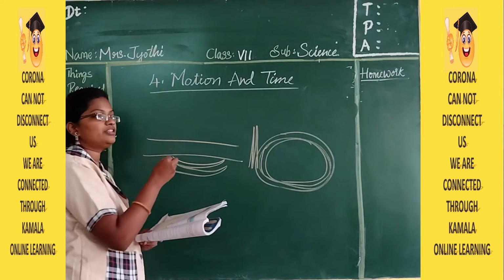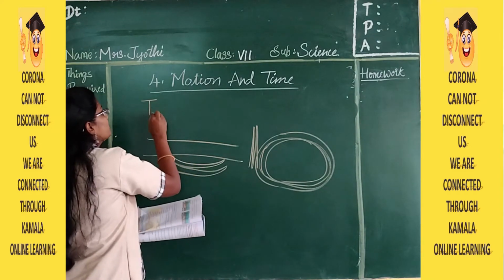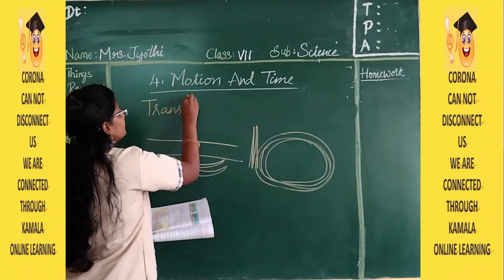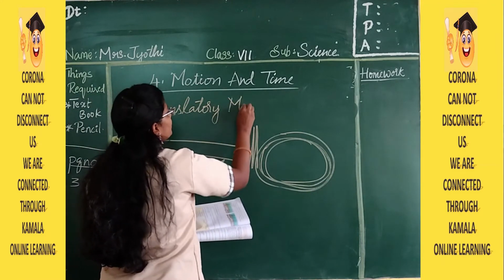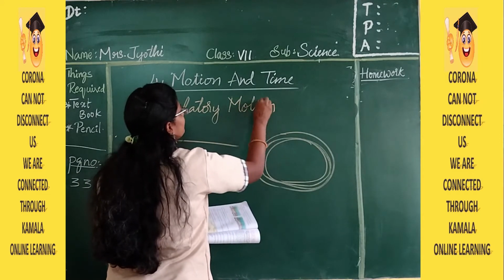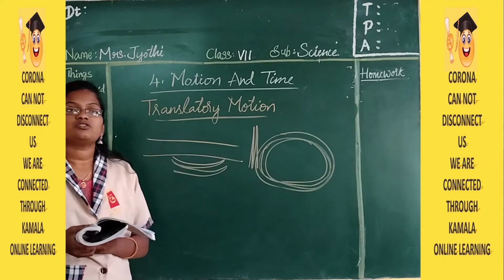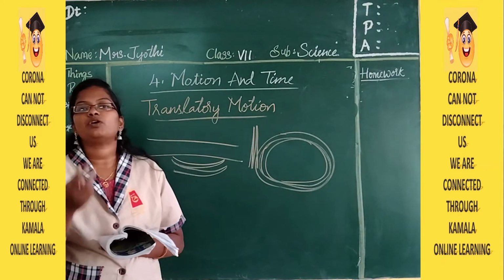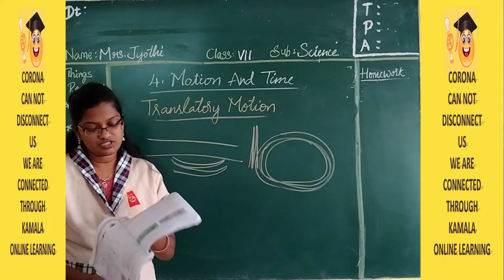So if along with the body the remaining parts are also moving, then it is called translatory motion. If all the parts along with the body move, then it is called translatory motion.